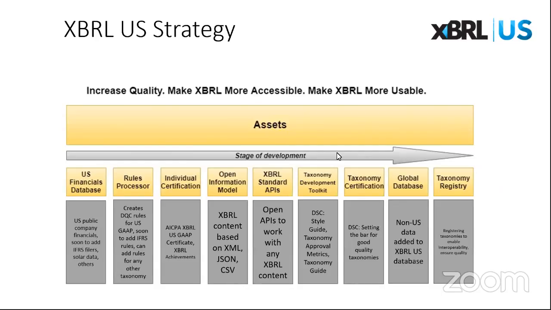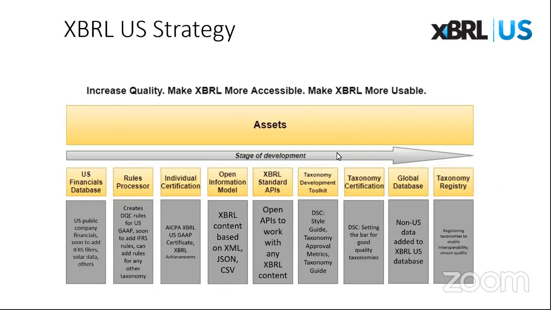The open information model is really making XBRL data available in multiple formats, but the underlying data model is the same. Standard APIs, which we're going to talk about today, making sure that when taxonomies are developed in a standardized way, the resulting data is consistent. Certifying taxonomies to make sure that we don't have taxonomies which are going to be incompatible everywhere else.